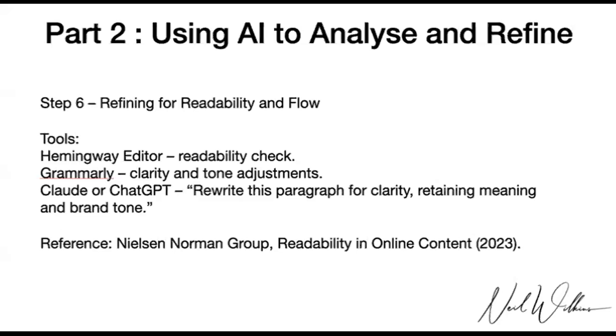Then we can also make sure that we're ticking the boxes from a potentially a search engine perspective with our readability and our flow. Now, you may well be using something like Grammarly or Hemingway Editor. Those are two very popular AI tools now that will check for readability, for clarity and tone, all those kinds of things that will really help you to understand how you're keeping this on track from a brand perspective, because you want to make sure the brand is aligned with as much as the actual performance data is working as well.